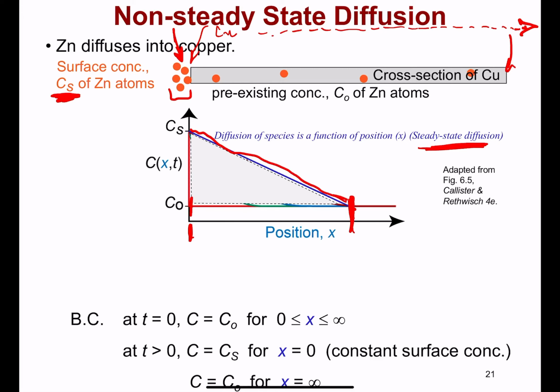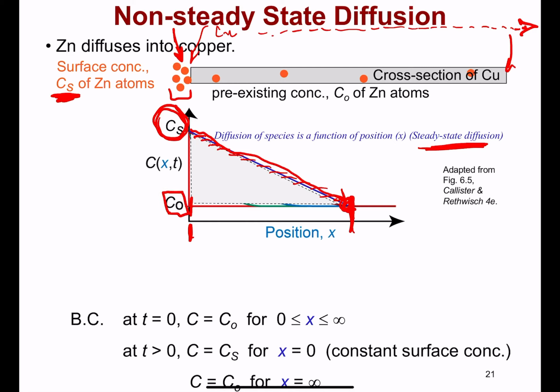Okay, so that's a linear trend in the concentration of zinc from the area of high concentration of zinc on the outside, starting at high values of zinc in the copper and working its way down to lower and lower values, ultimately to the lowest value, which is labeled here as concentration naught.